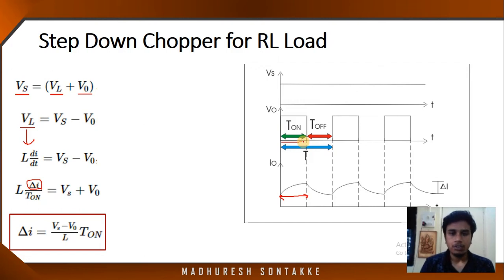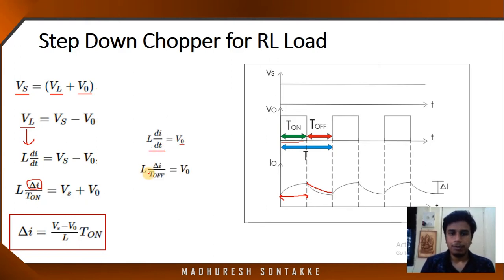Now when the switch is off, your inductor current will start decreasing, or discharging. In that case, your input Vs is totally absent, so the equation becomes V0 equal to L di by dt only.